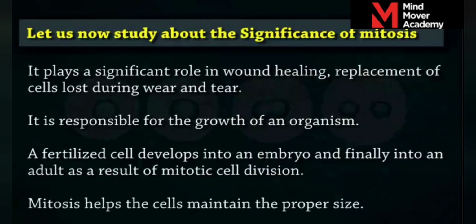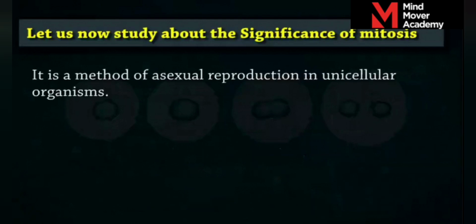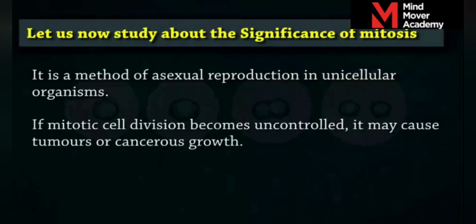Mitosis helps the cell maintain the proper size. It is a method of asexual reproduction in unicellular organisms. If mitotic cell division becomes uncontrolled, it may cause tumors or cancerous growth.